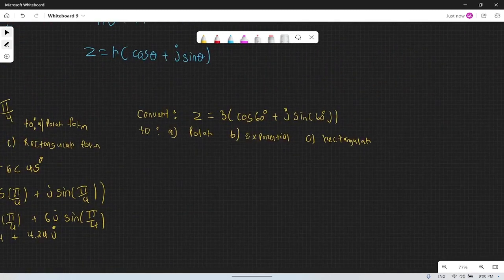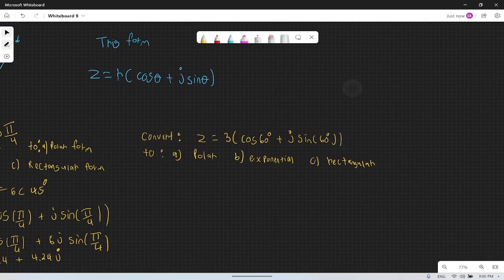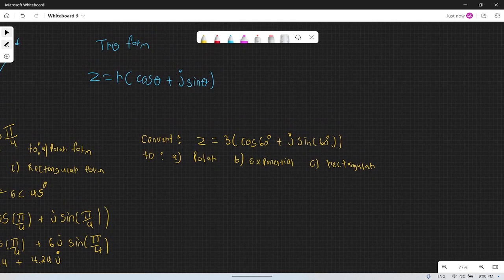Okay, and then finally we have an example with the trig form. Converting this into polar is pretty simple. We have our 3, and then we have our r value and our angle. So it'd just be z equals 3 angle 60.